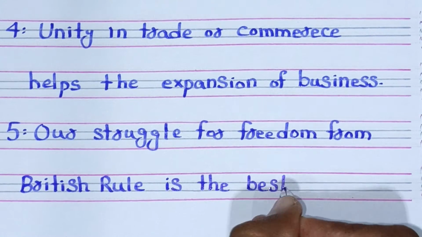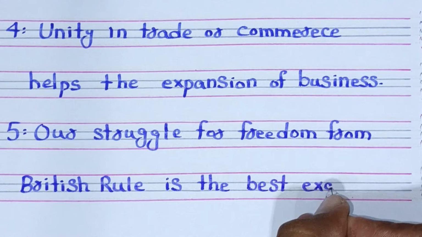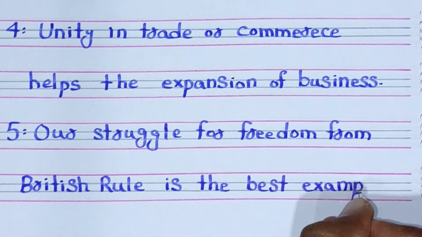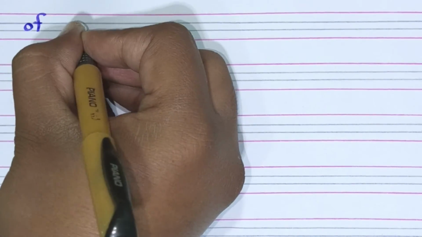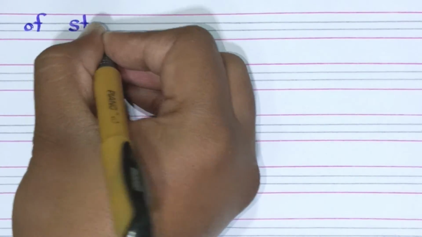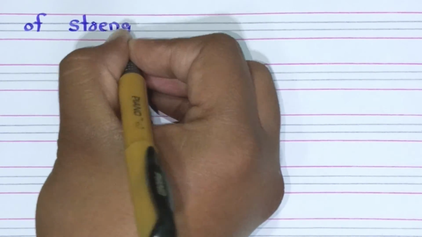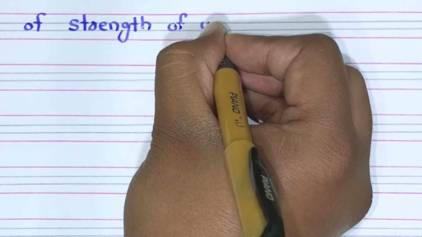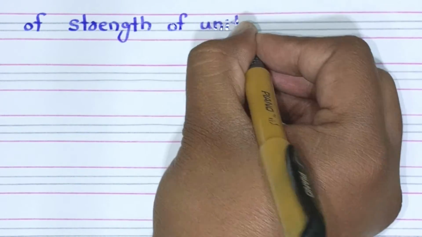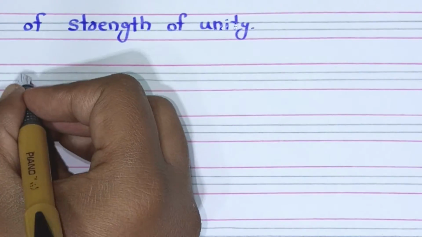Number 5. Our struggle for freedom from British rule is the best example of strength of unity.